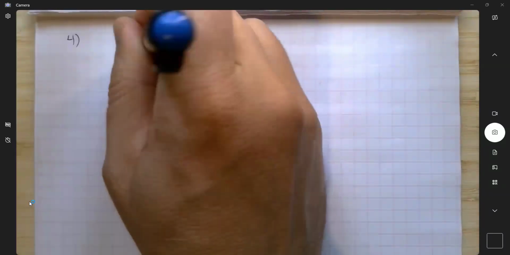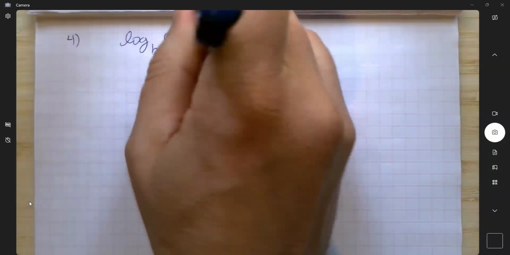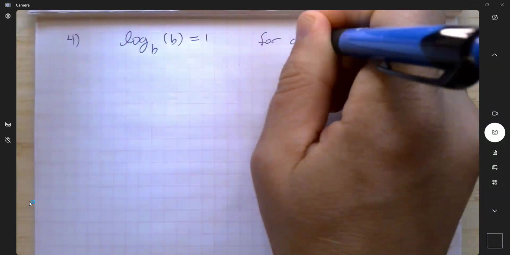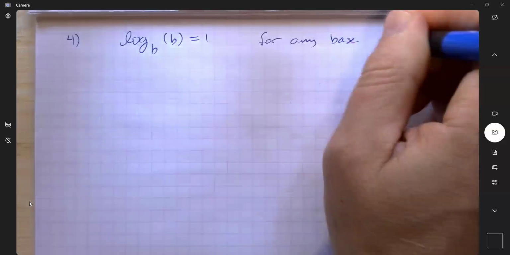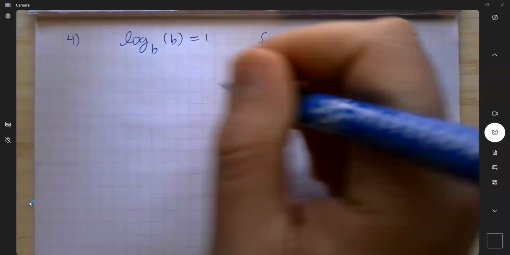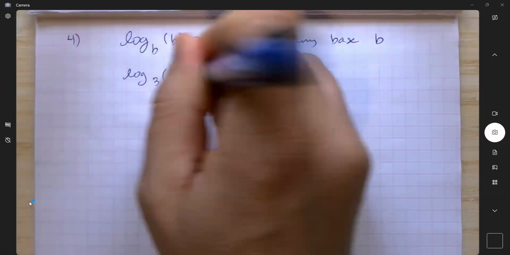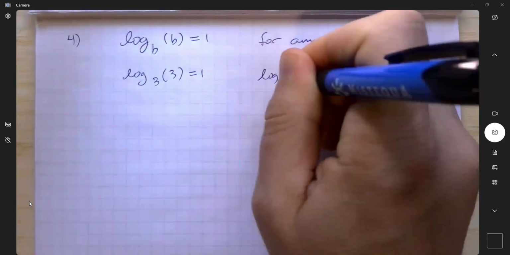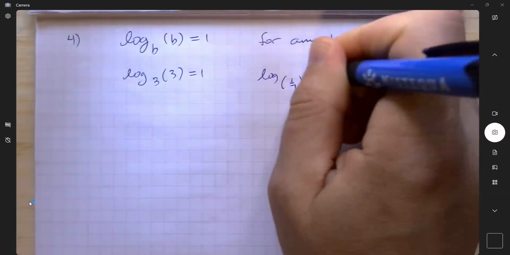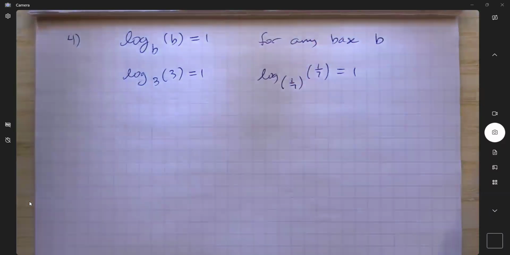Now there's another rule of logs. It's more like a fact than a rule, but it's log base b of b will equal 1 for any base b. So, for example, log base 3 of 3 equals 1. Log base 1/7 of 1/7 will equal 1.